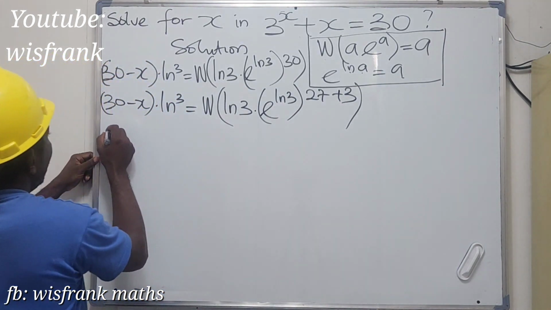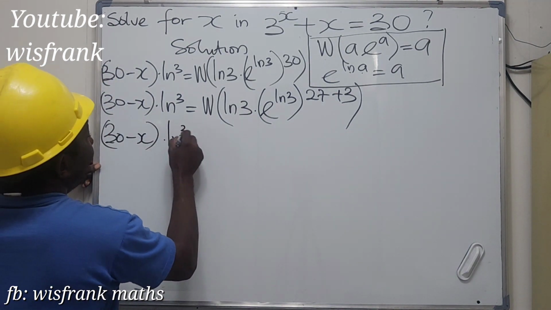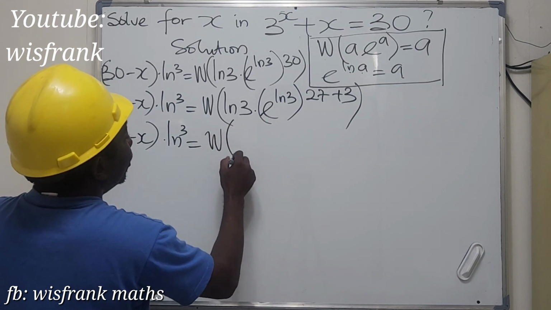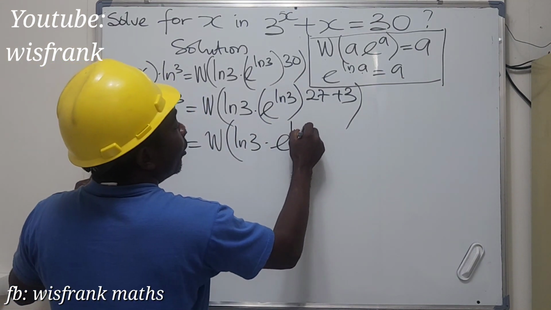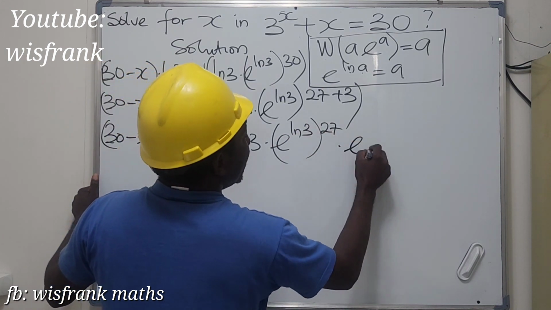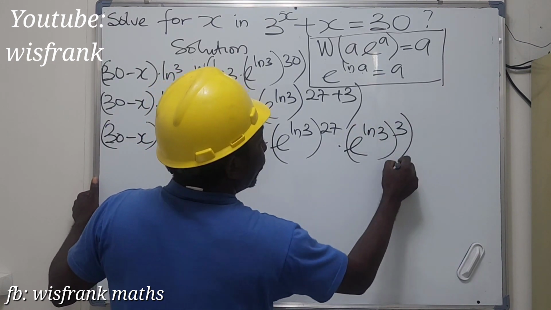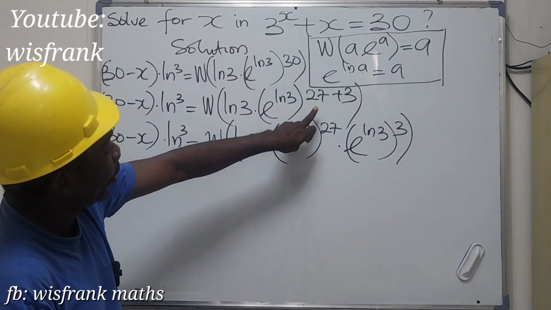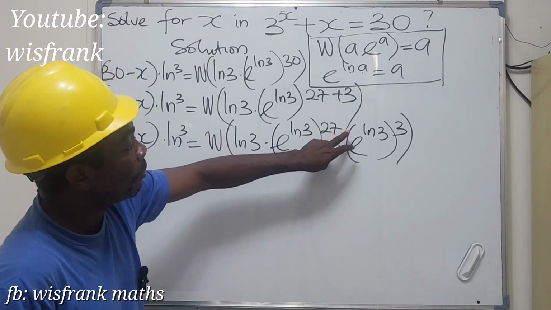So this will become 30 minus x times ln of 3 equals the Lambert W function of ln of 3 times e to the power of ln of 3 into 27, then times e to the power of ln of 3 into 3. Here 27 plus 3 is the same thing as 27 and 3.